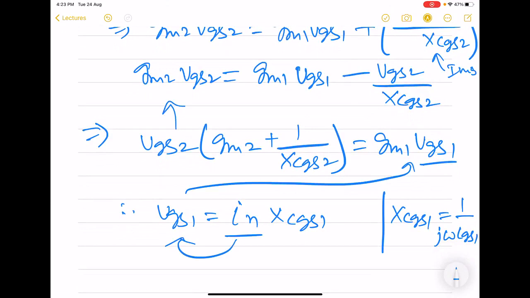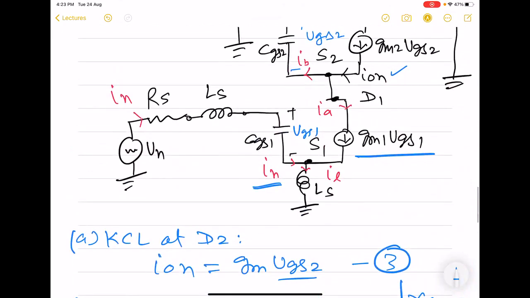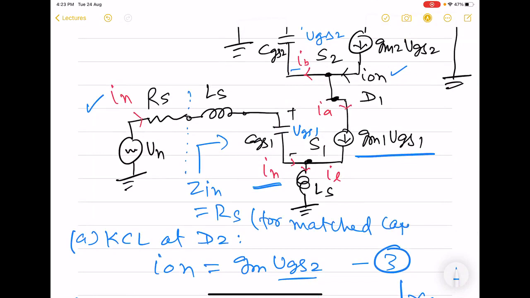So we need to find out this current, IN. Recall that looking from this reference point towards the right-hand side, the input impedance is equal to RS for the matched case, and this is the case we are interested in.